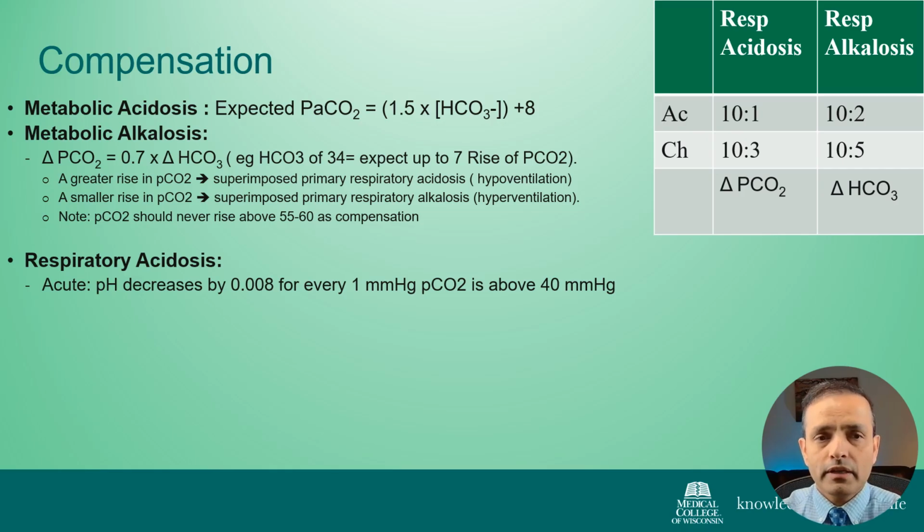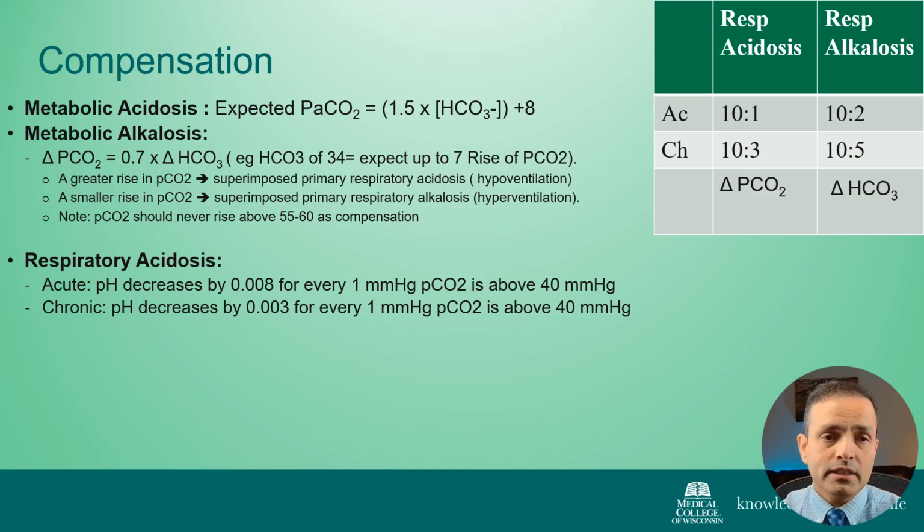And things will be different in chronic, because the kidney already starts taking care of bicarbonate, so there will be conservation of bicarbonate. So for that reason, pH decreases by just 0.003 for every 1 millimeter of mercury rise of PCO2 above 40.